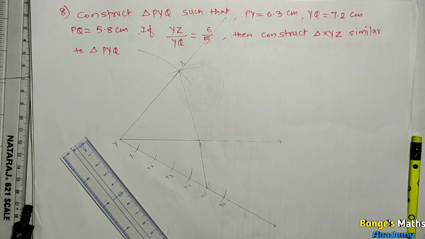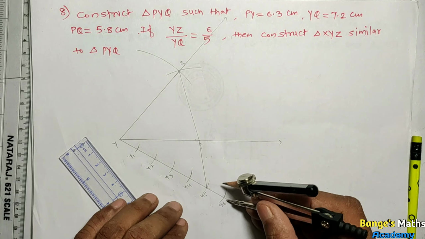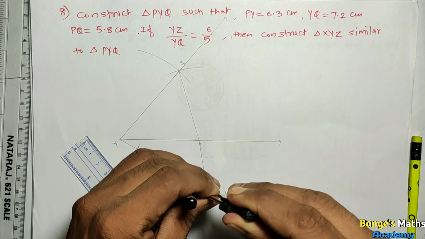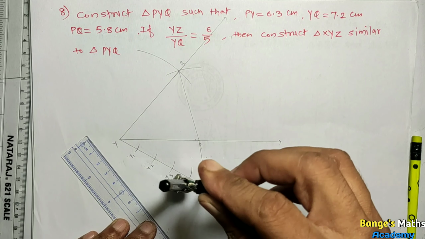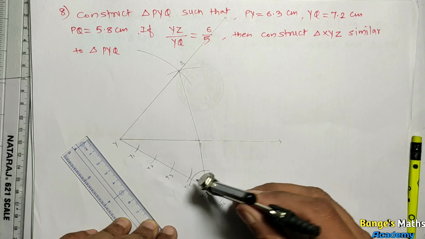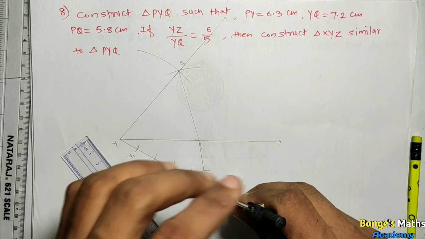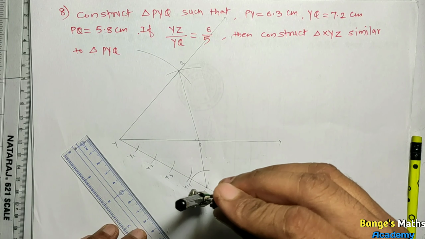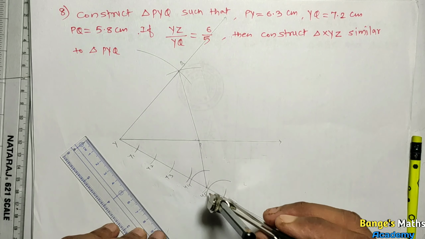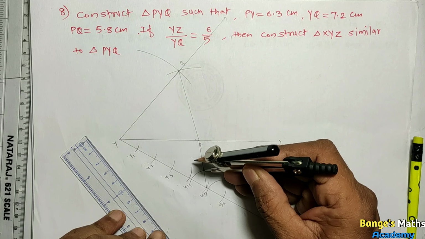Then construct congruent angle at Y6. Take suitable distance in your compass. Draw an intersecting arc to these sides. Keeping the distance same, put compass on Y6 and draw arc to the right side like this. Then take distance in your compass.